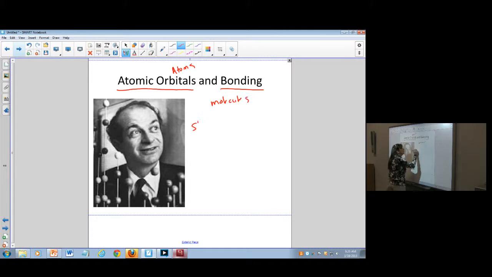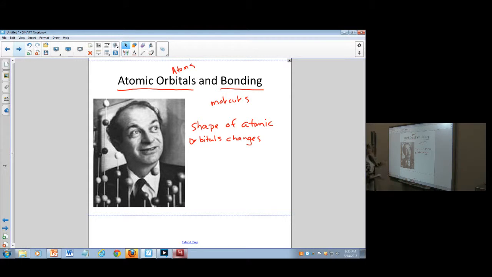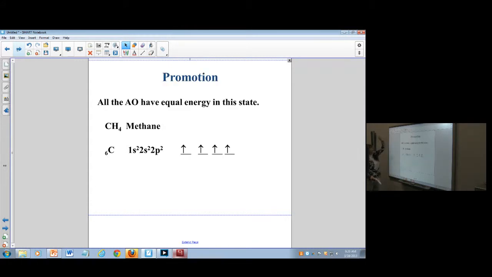The shape of atomic orbitals changes in the molecule. So not in the atom, but in the molecule. All right, and that allows us to use another model.